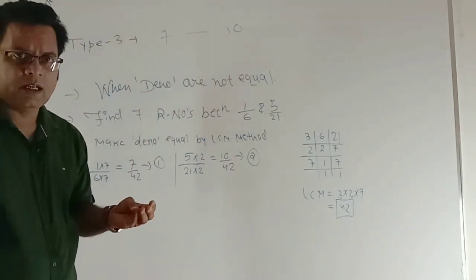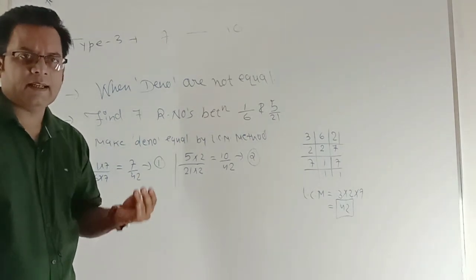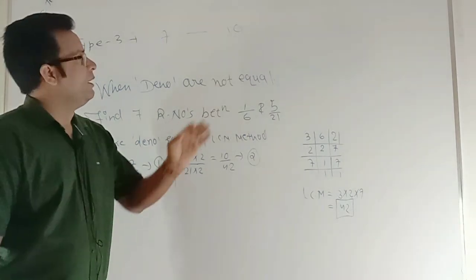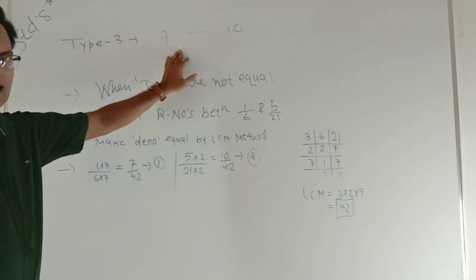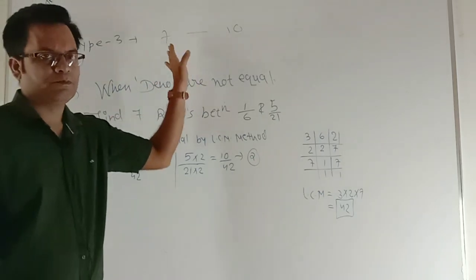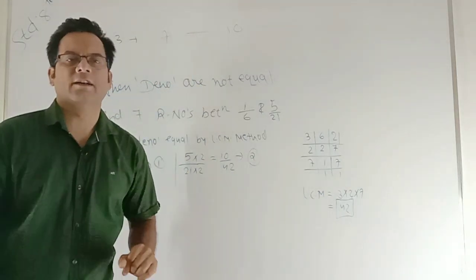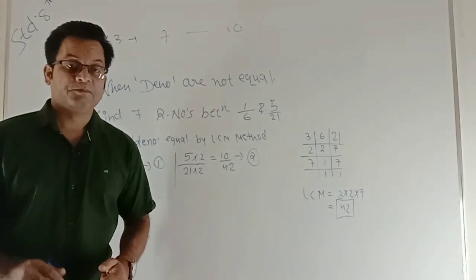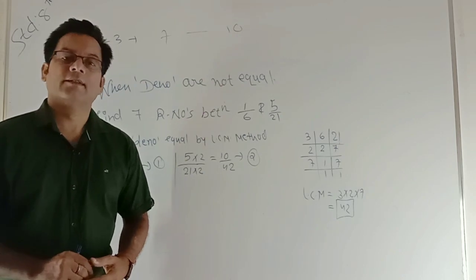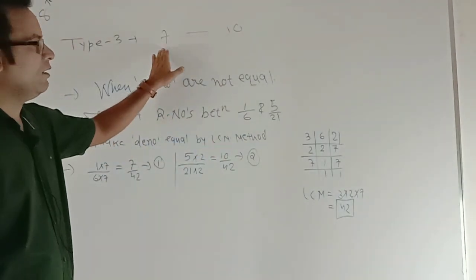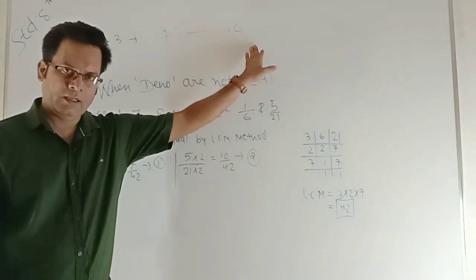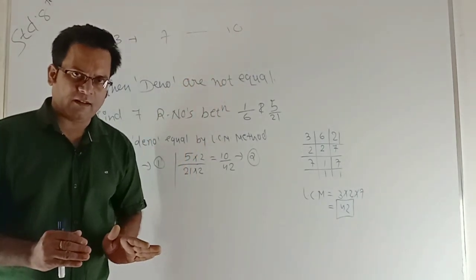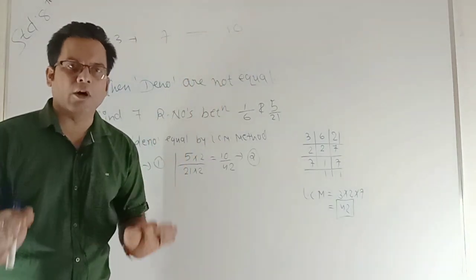So 15, 16, 17, 18 and 19. Means if we are going to multiply with 2, we will get only 5 rational numbers. So what should we do now? We should try with 3. 21, 30. Between 21 and 30, you will surely get.